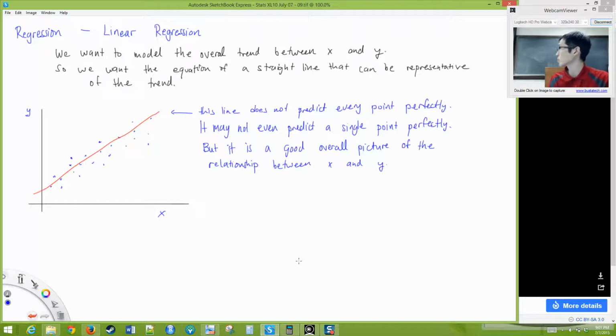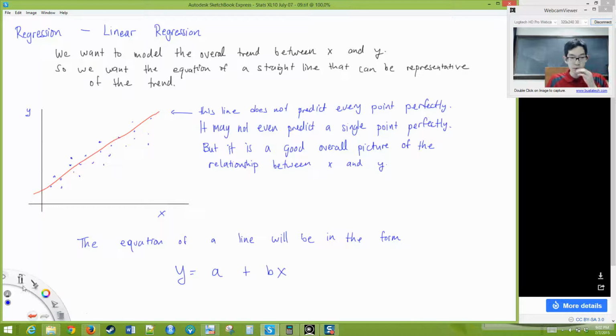Okay, so when we write the equation of a line, the equation of the line will be in the form y equals a plus b x, or b times x.